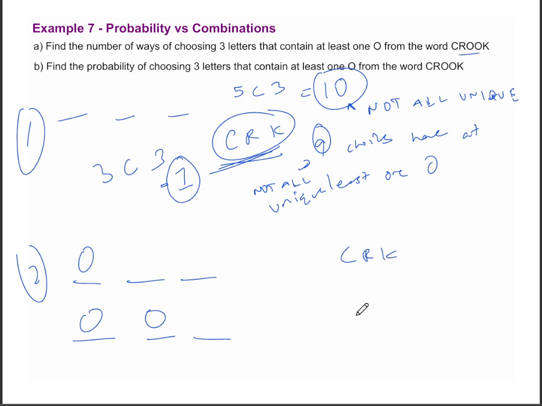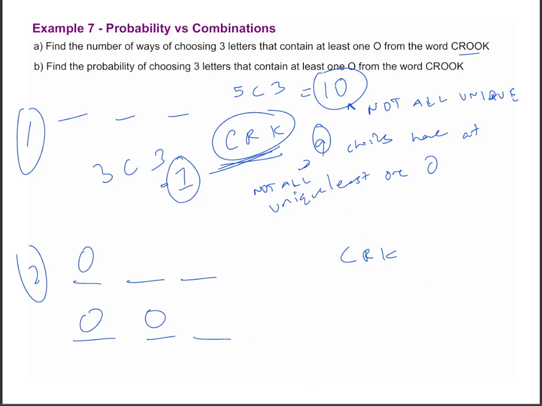The reason we don't include the O's for that first scenario is because if we do end up selecting that O, we just end up with that second scenario, which then would give us an overlap, and we don't want to double count things. And that's why whatever we have in our scenarios, we will remove that letter from our possible choices of letters to use.